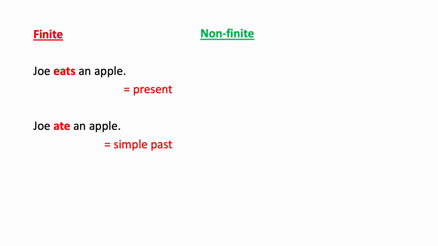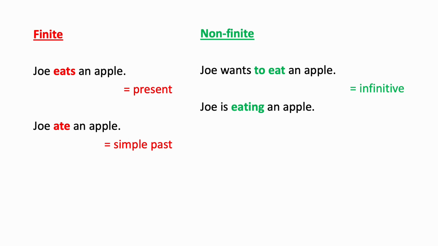The non-finite forms are all the other ones, like Joe wants to eat an apple. That's called the infinitive, the basic form of the verb, usually with a to in front of it, like to eat, to be, to drink, to run, to walk. You might have Joe is eating an apple, which we use to make present progressive. That form is called the present participle.